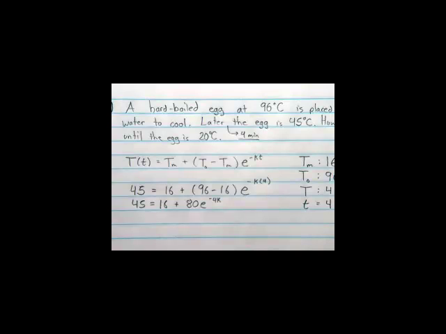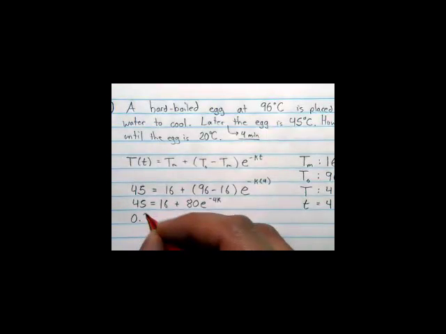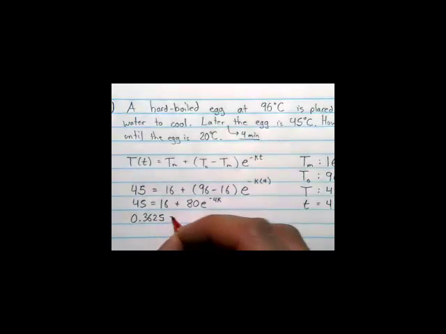Be careful you don't add the 16 and the 80, because they are not like terms. What do I have to do to solve this next? Subtract the 16, and then divide by 80. I'll do those two steps at one time here. 45 minus 16 gives me 29. 29 divided by 80 gives me 0.3625.